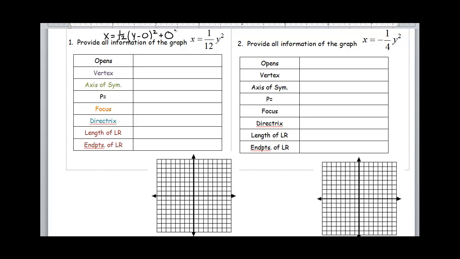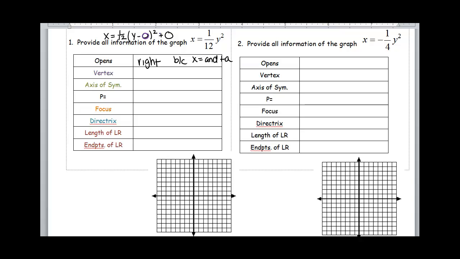From here, the first thing I need to figure out is what direction it opens. Because I have x equals, that tells me it's horizontal, and a positive a value of 1/12 tells me I want to go the positive horizontal direction, which is to the right. Next, I want to look at my vertex.